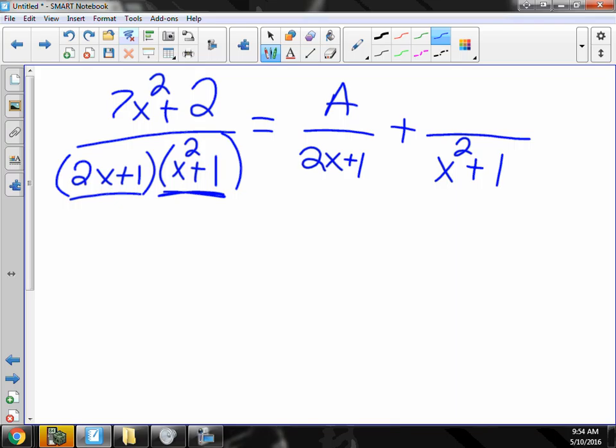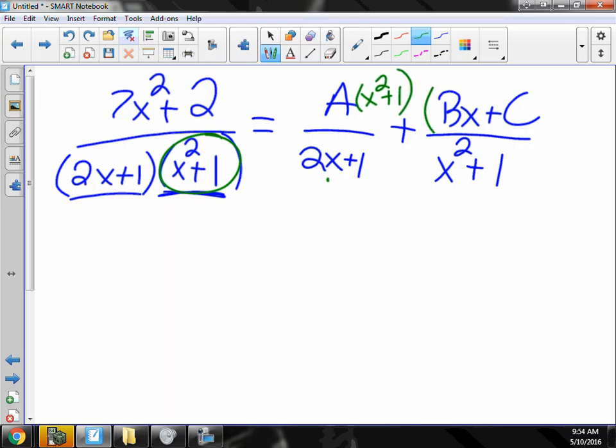But what's the numerator going to be? Bx plus C, because it's an irreducible quadratic. So my numerator has to be 1 degree less than the irreducible portion, so Bx plus C. And again, if you reorder these, it doesn't matter. When you do your reduced row echelon form, your answers will just be in a different order. Okay? So this partial fraction needs that version, x squared plus 1.